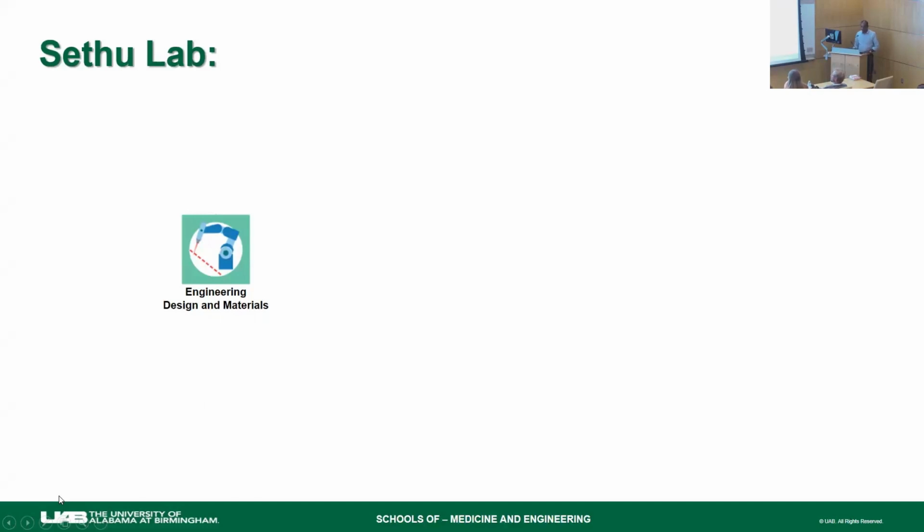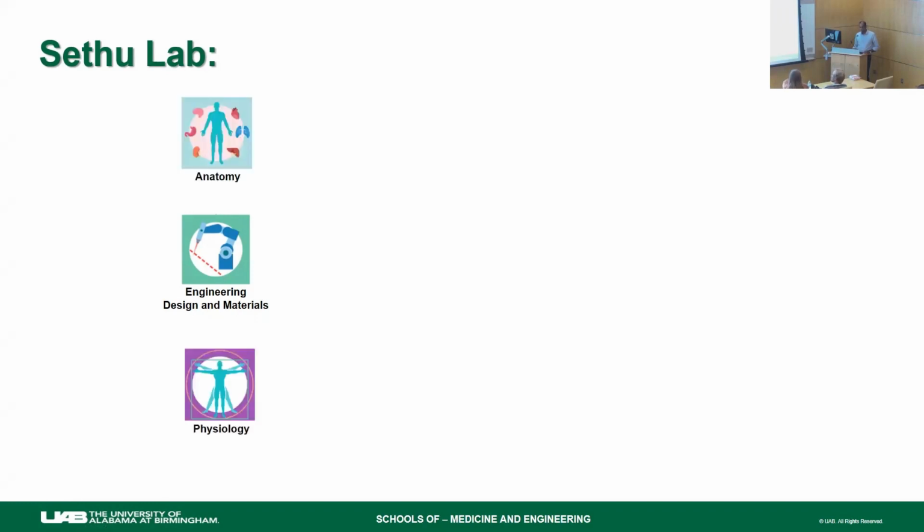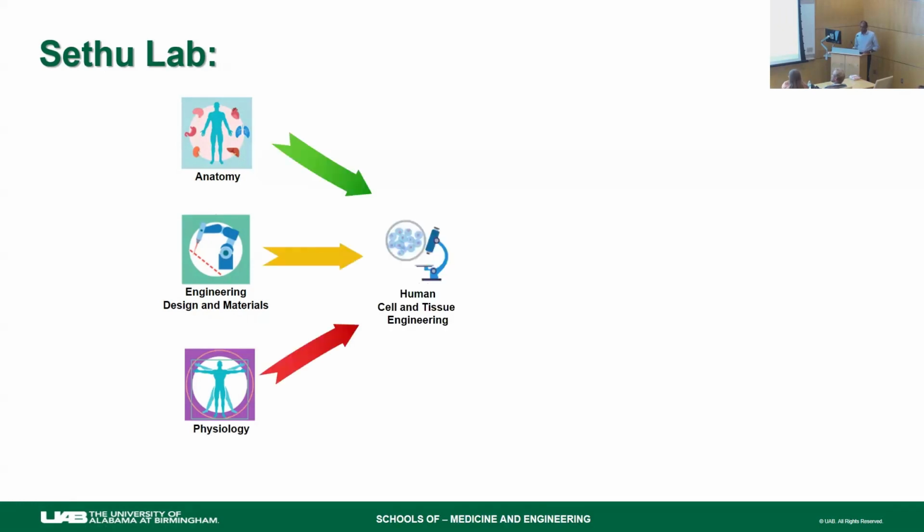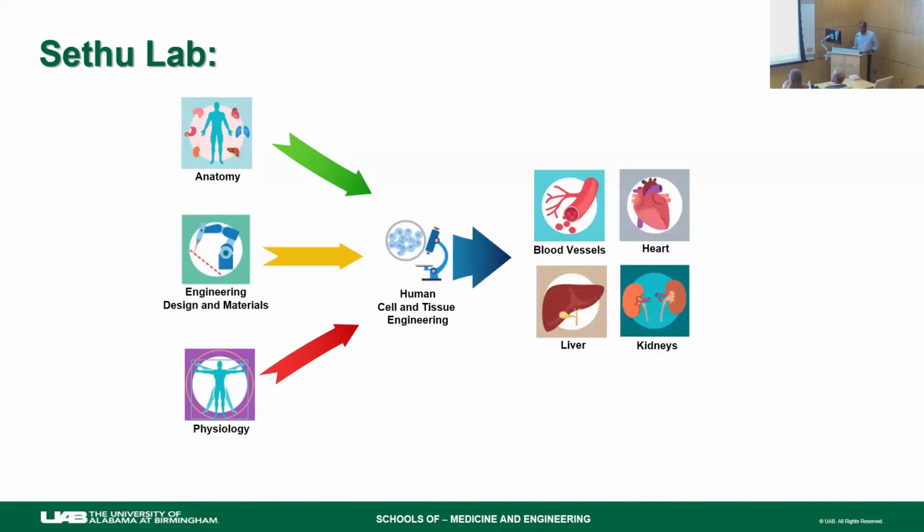All right. So I am a biomedical engineer by training. So my lab has primary expertise in engineering design and biomaterials. We combine this with our knowledge of human anatomy and physiology to do what we call human cell and tissue engineering. We use this to build what NIH like to call a tissue chip model of various organs and tissues in the body.